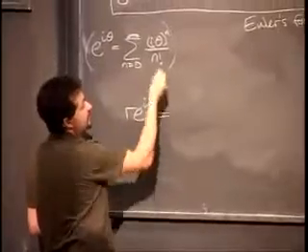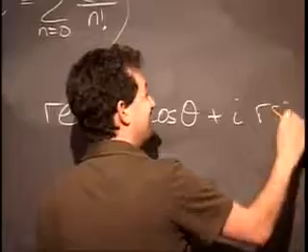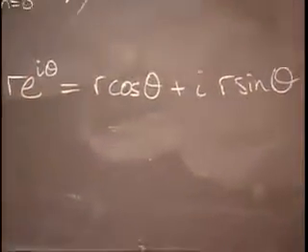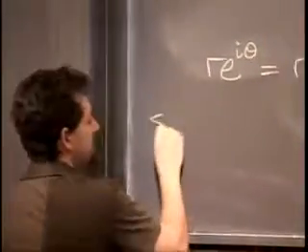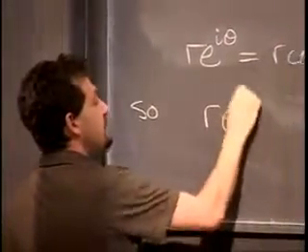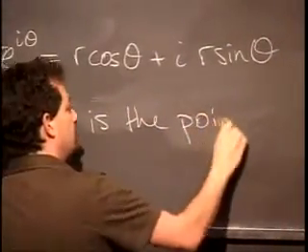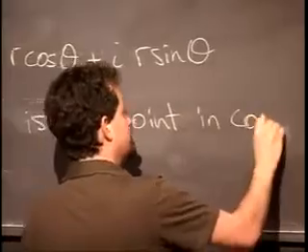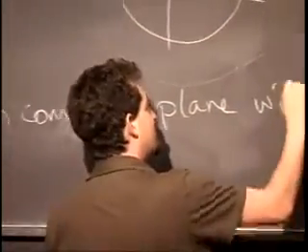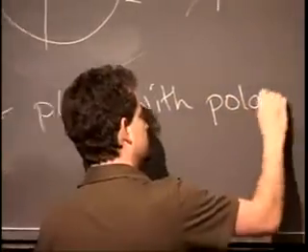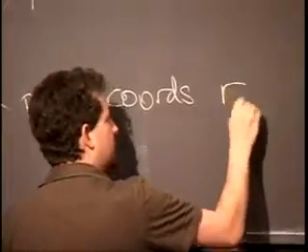So basically, we end up with the following. r e to the i theta is r cosine theta plus i r sine theta. Well, that's obvious just by multiplying Euler's formula by r. But what it means is r e to the i theta is the point in the complex plane with polar coordinates r, comma, theta.